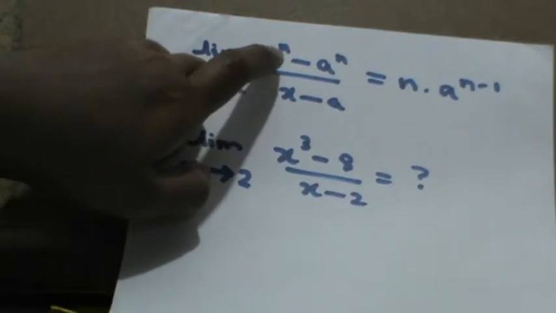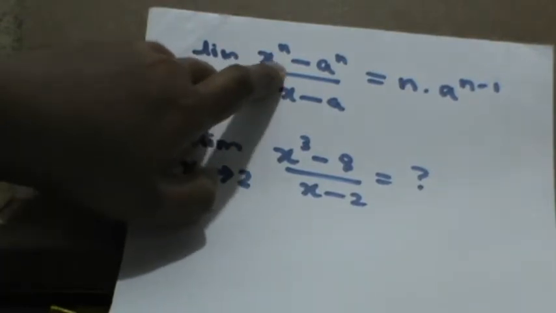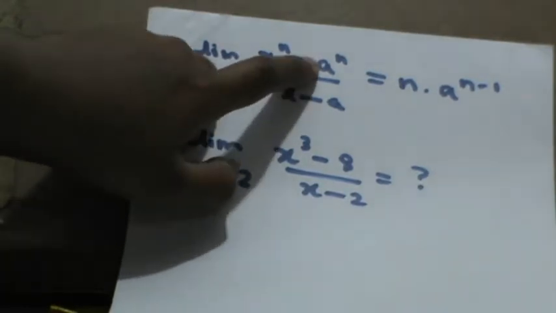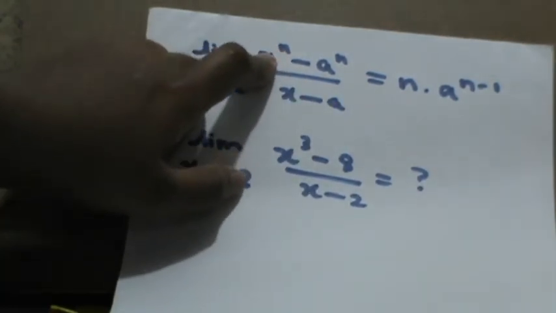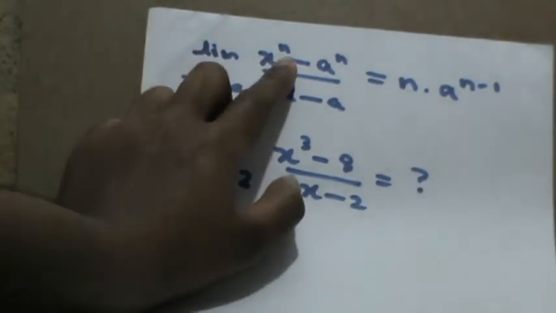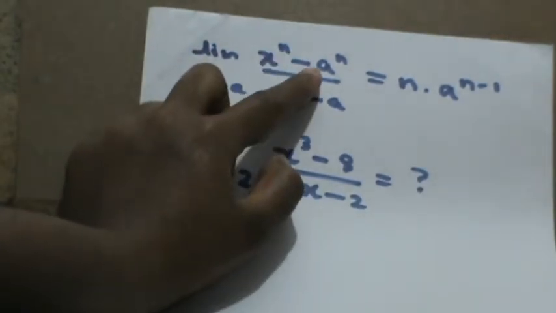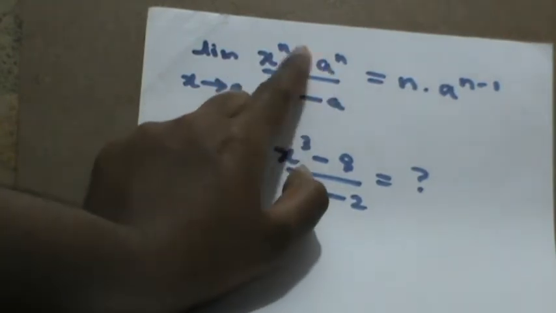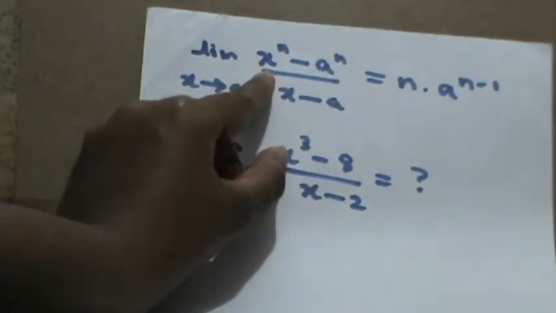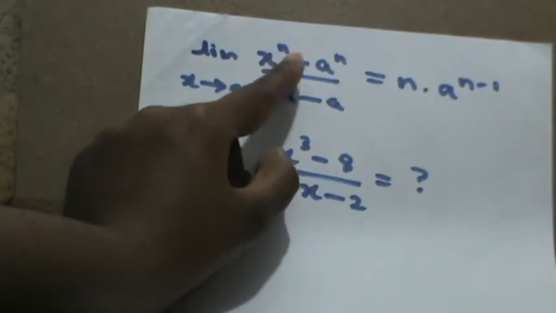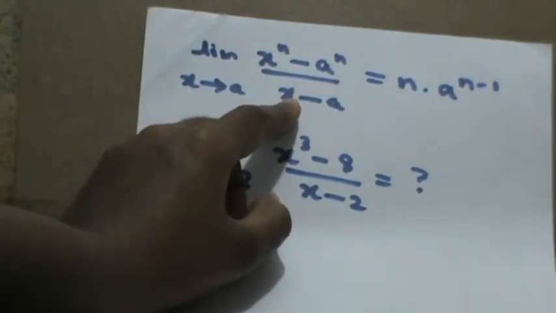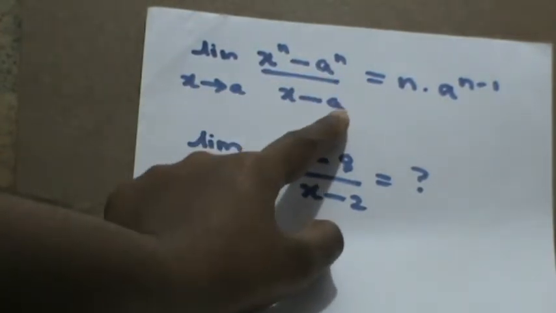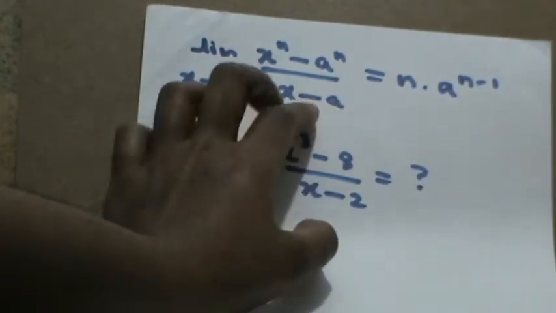You are raising x to a power of n and subtracting a raised to a power of n, divided by the unraised quantity x minus a.